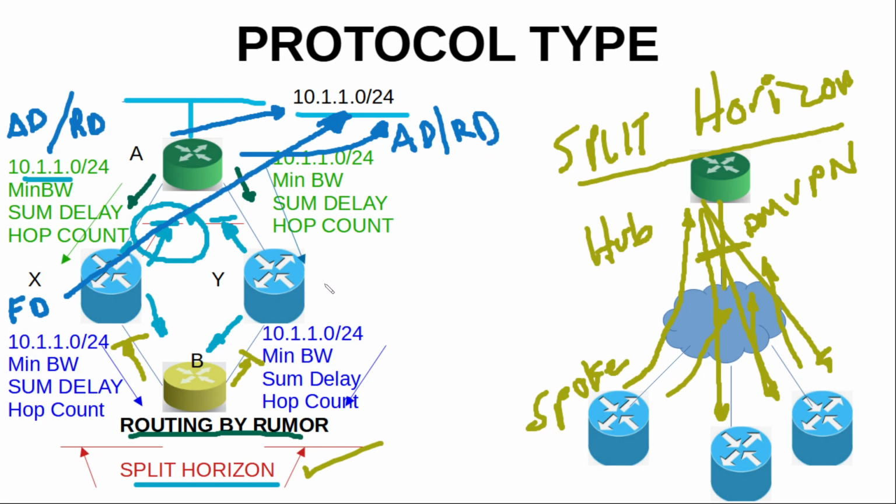It is also going to figure out what is the best metric from itself to the destination prefix, and it is going to call that the feasible distance.